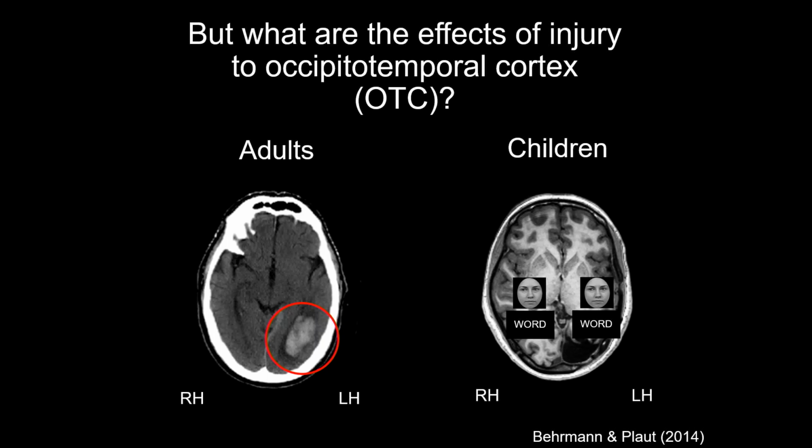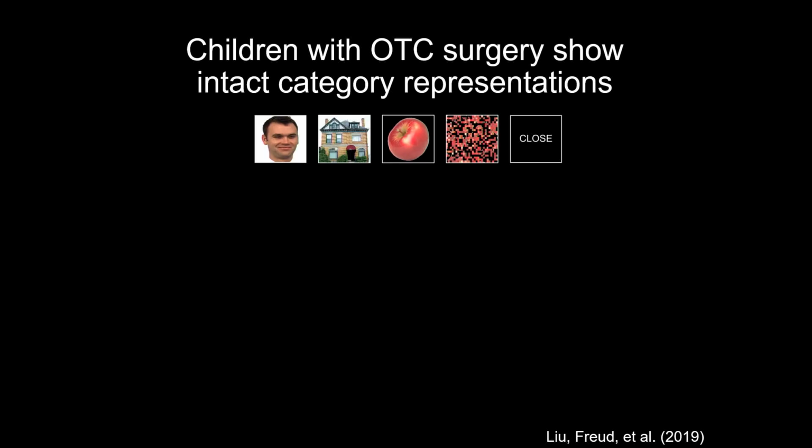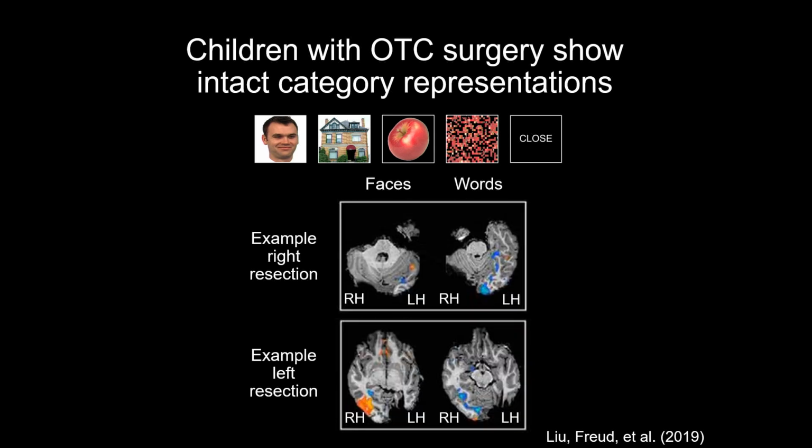And we have done some prior work in our lab to provide a little bit of evidence for this. So previously, we had children with OTC resections on the left or right view a simple category localizer while in the magnet, and we basically mapped out category selective regions. And here's, for instance, an example right resection patient and an example left resection patient. And I'm showing their category selectivity for faces and words.